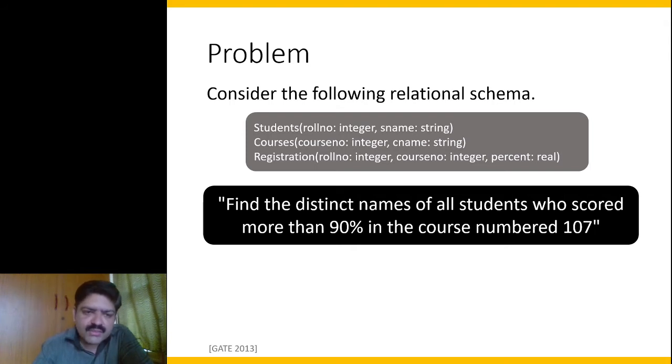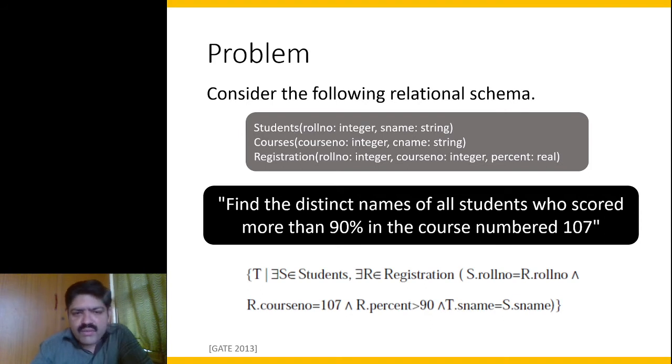Assume this is given to you. Now, find the distinct names of all students who scored more than 90% in the course numbered 107. So, this is what we want. And this is what we would write as a TRC expression or a TRC query.